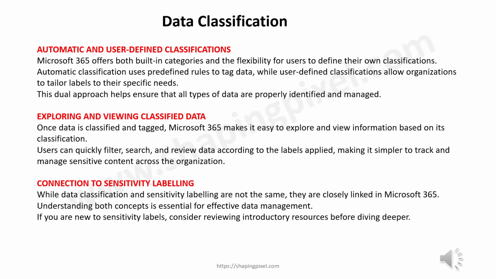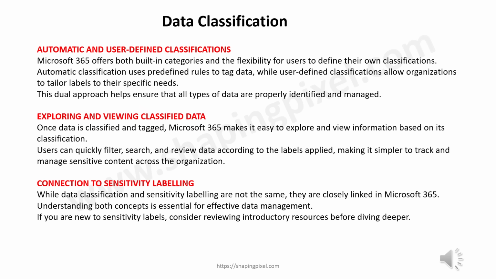Microsoft 365 offers both built-in categories and the flexibility for users to define their own classifications. Automatic classification uses predefined rules to tag data, while user-defined classifications allow organizations to tailor labels to their specific needs. This dual approach helps ensure that all types of data are properly identified and managed.